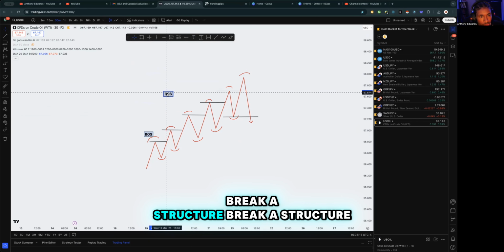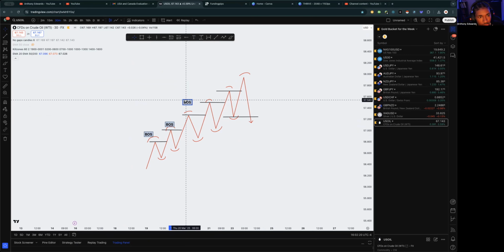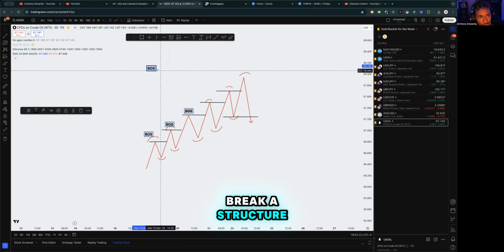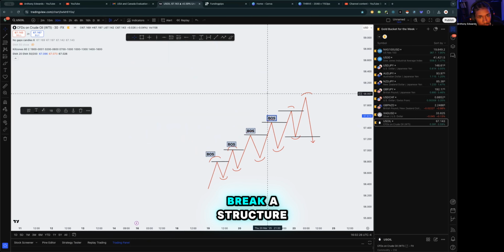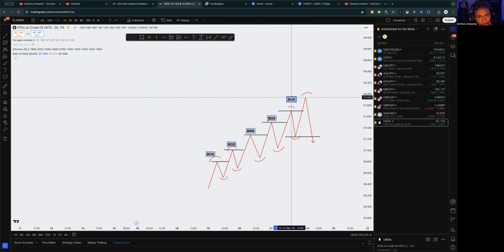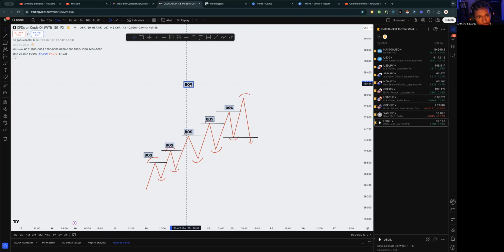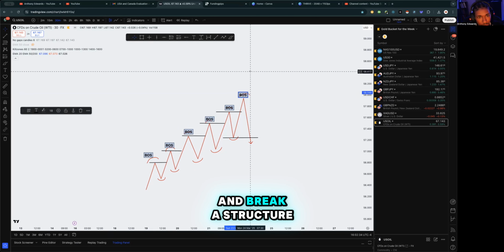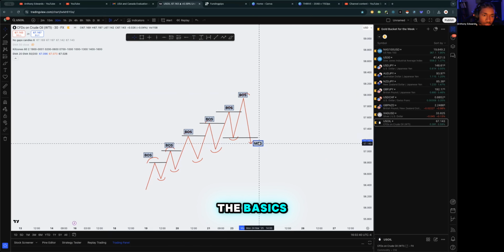Breaker structure, breaker structure, breaker structure, breaker structure, breaker structure, and breaker structure. Then market structure shift. So this is going to be the basics.